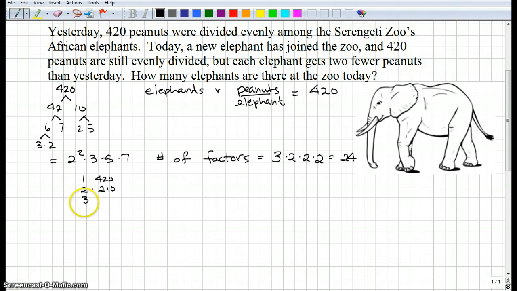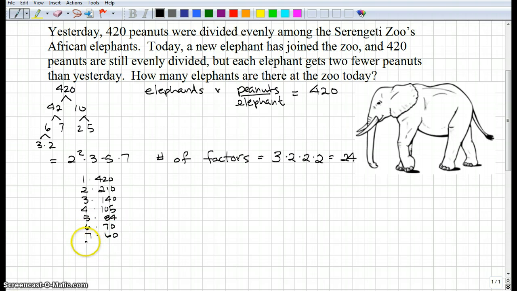3 will go into it. 3 times what? 140. We could have a factor of 4, and it would be 4 times 105. We can have a factor of 5. Let's see, 5 times 84 is 420. Let's see, 6. 6 times 70. We can have 7 times 60.